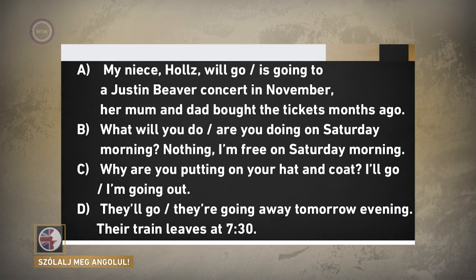Are you doing on Saturday morning? Nothing. I'm free on Saturday morning. Why are you putting on your hat and coat? I'll go. I'm going out. They'll go. They're going away tomorrow evening. Their train leaves at 7:30.